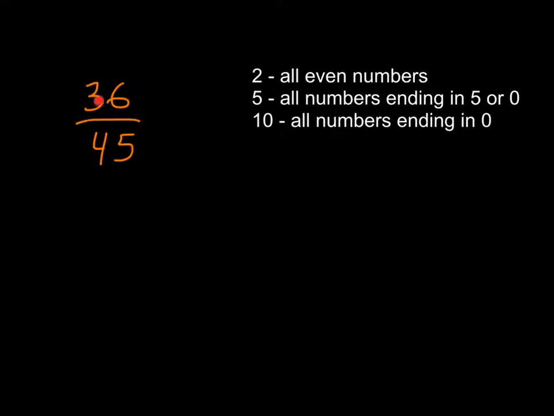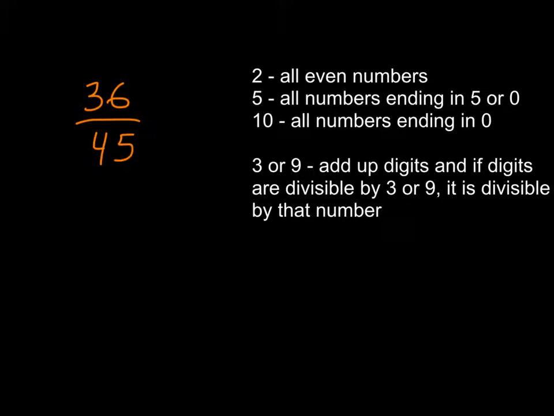Well, you see this is an even number, but this one is odd. So these are not both divisible by 2. 5s are all numbers ending in 5 or 0. So this one ends in 5, it's divisible by 5, but this one is not. 10s are all numbers ending in 0. Well, neither of those end in 0, so 10 does not go into either of those.